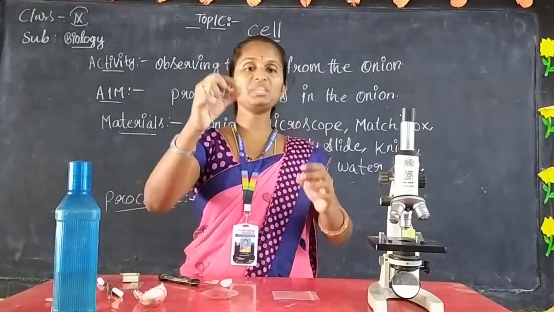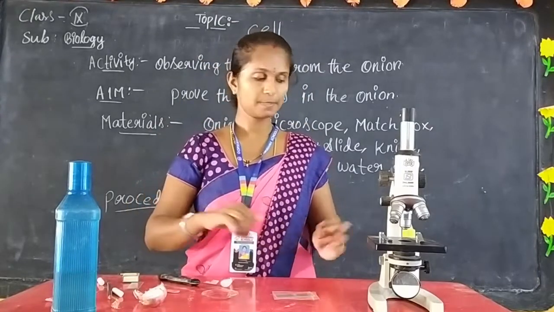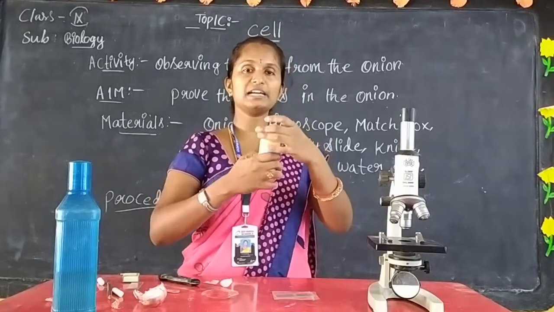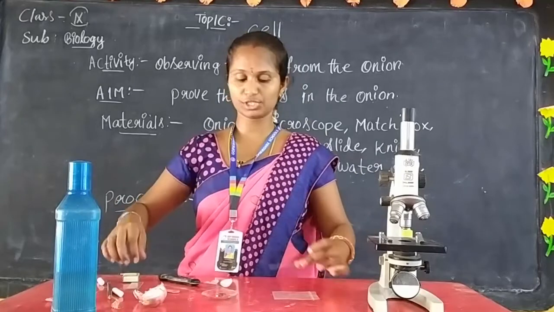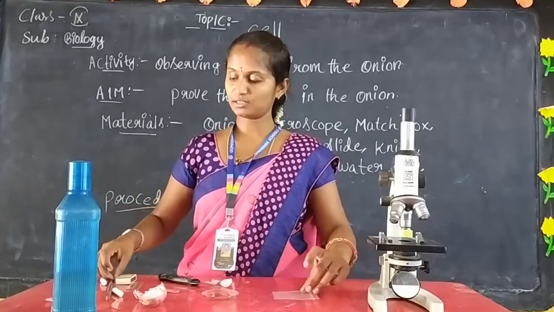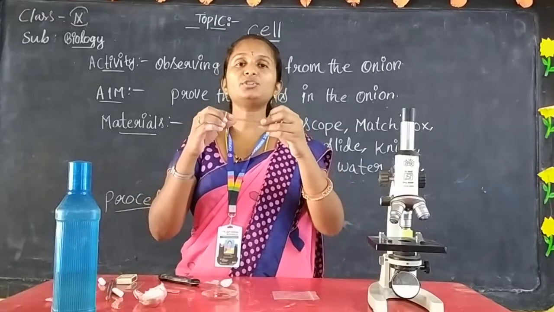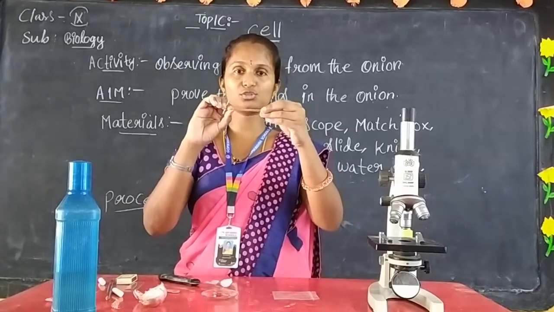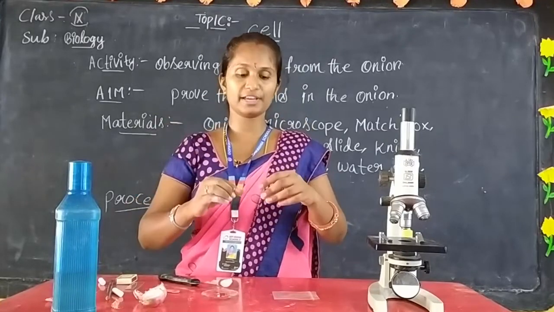Now keep it aside for some time and then add iodine solution. Before adding iodine solution, these cells will be dried after some time. Not to dry, it needs to be attached to the slide. We need to pass the slide over the fire. How?